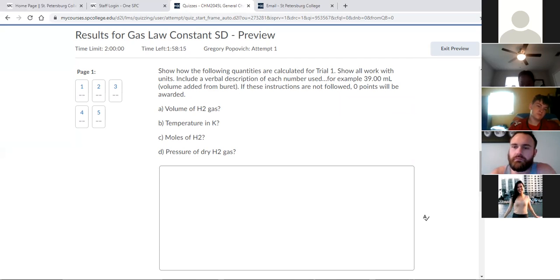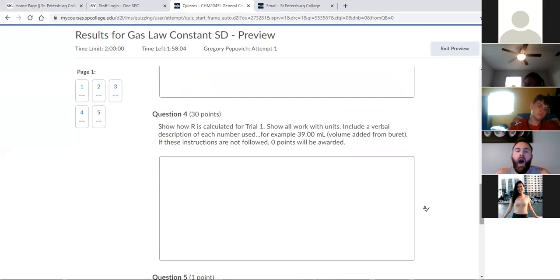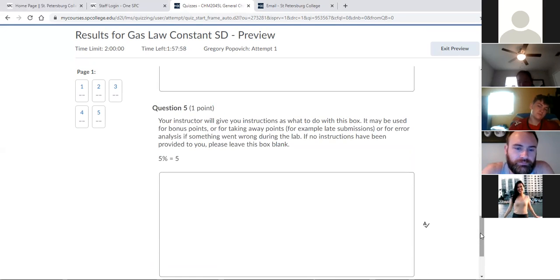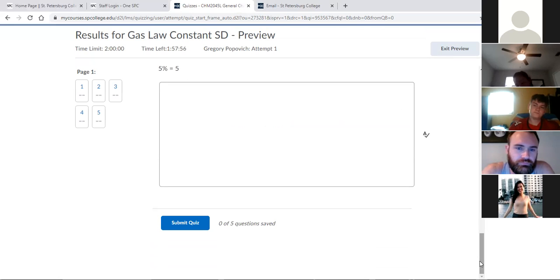So you're going to take the atmospheric pressure and subtract out the pressure of the water from that. I also want the pressure in atmospheres. This box, all you got to do is show how you calculated R, and that is it, guys. Easy peasy.